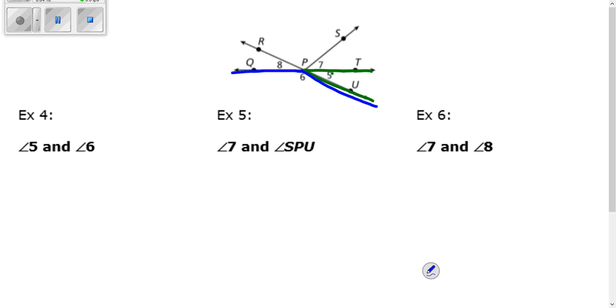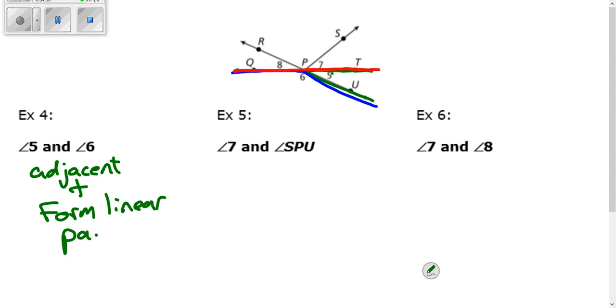Okay, we see that they share a side of the angle along ray PU, and they form a line. So they share the side and they form the line. So they are adjacent and form a linear pair.